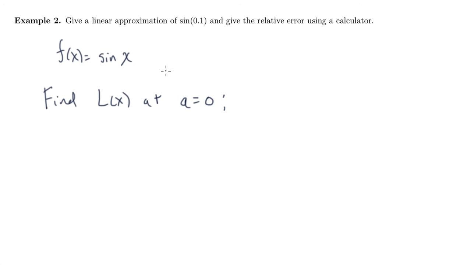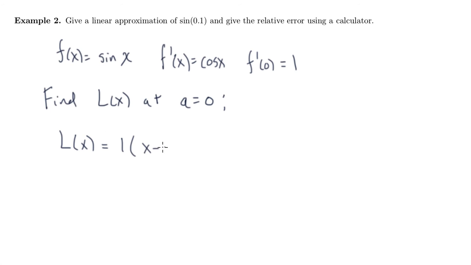So sine of 0 is 0, recall. We also know the derivative of sine is cosine. f prime of 0, cosine of 0, is 1. So the linearization of sine at a equals 0 is given by 1 times x minus 0 plus sine of 0, which is 0. Or in other words, L of x is just equal to x.